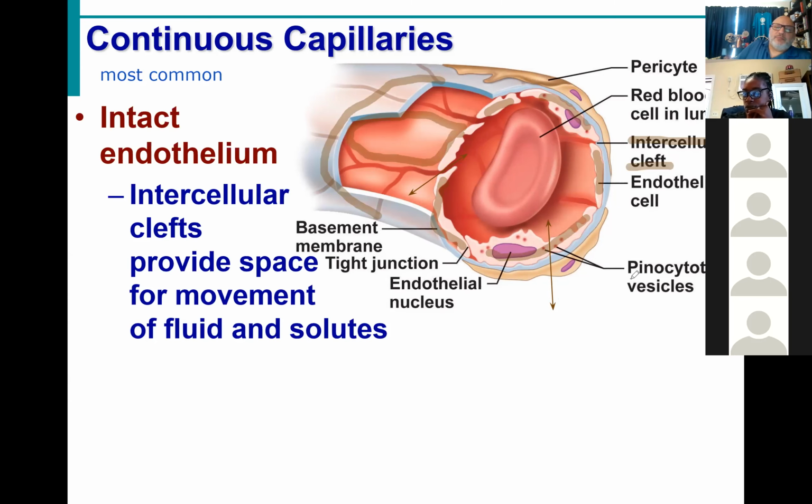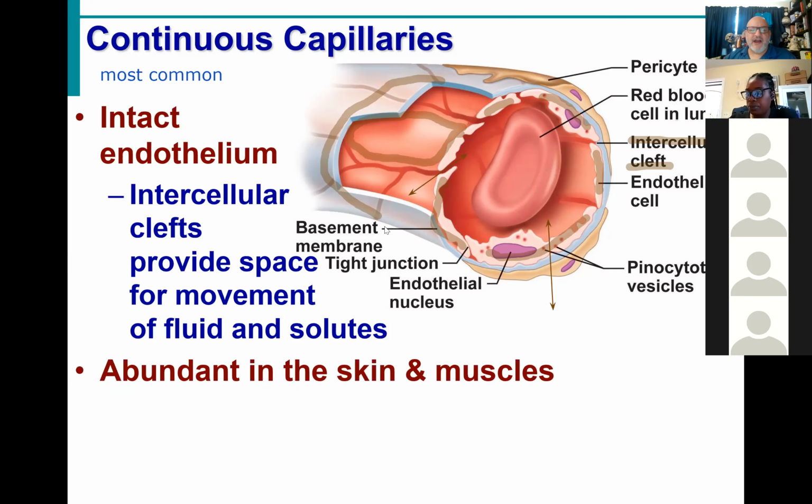And this is an important place where fluid and solutes dissolved in that fluid are able to easily move and pass into and out of our capillaries. Like I said, this is by far the most common. So we find it in places like the skin, we find it in places like the muscle, all sorts of other places.